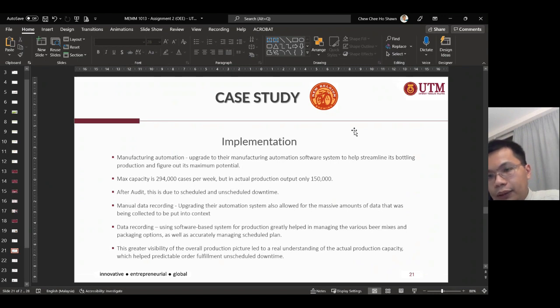From there, they needed data, so they collected the data, analyzed it, and transformed it into useful information which can be put into their production schedule and production plans. This is why they talk about the great visibility of the overall production.